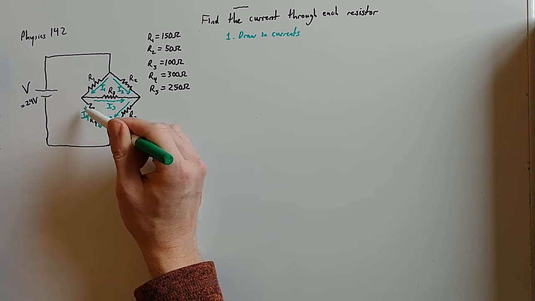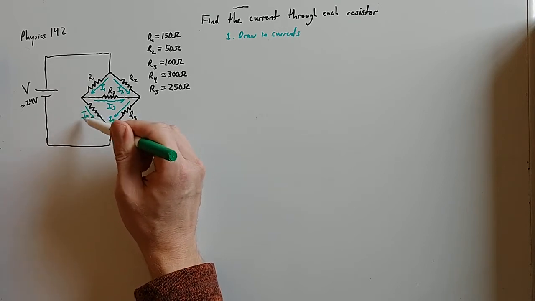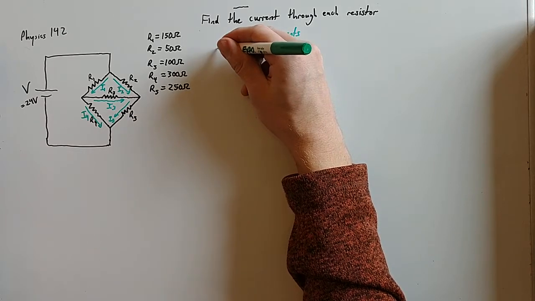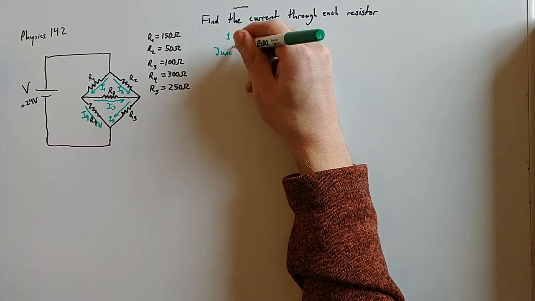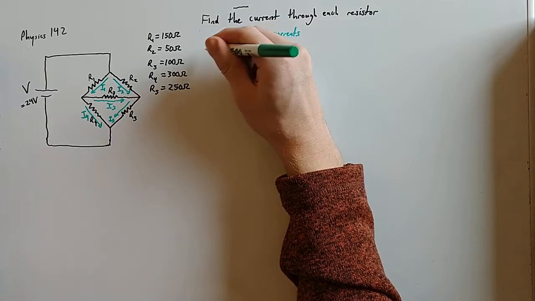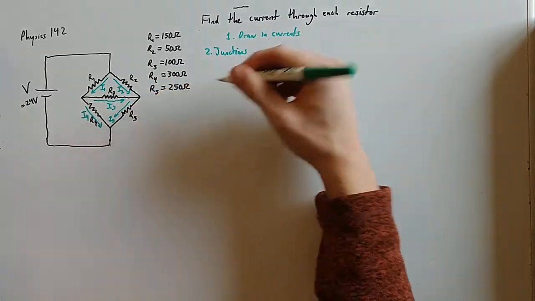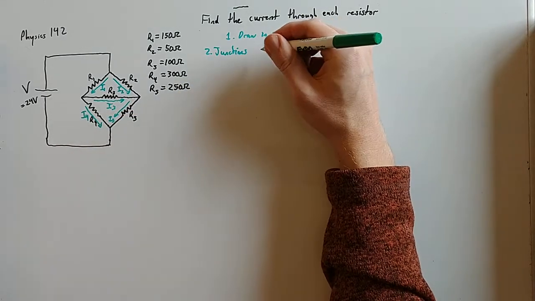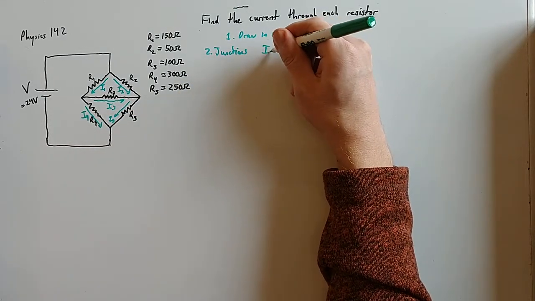So what I might write is that I could replace I4. One thing that I might just do is now we want to deal with junctions. Step 2, we'll deal with junctions here. And dealing with the junctions, we want to replace I4.